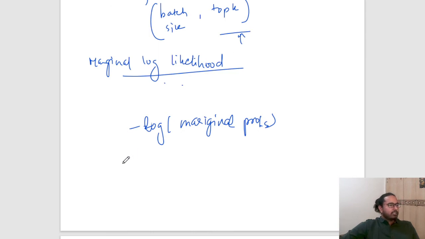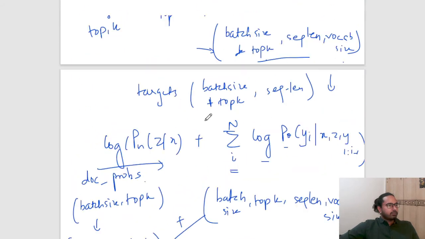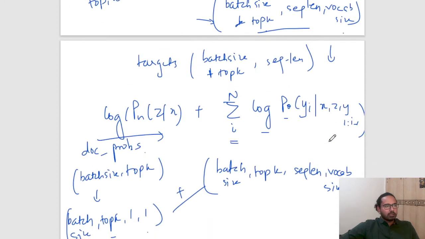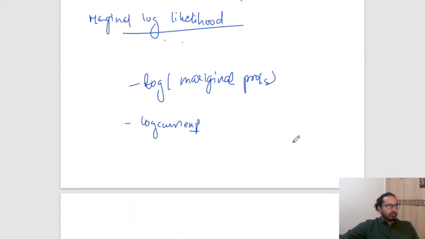So to implement this, we implement the log sum exponential function, which will do the same thing that we want. Why exponential? Because we have done the calculation for this entire expression, from here till here, in log space. So to keep the numerical value the same, we have to take an exponent of the same function.